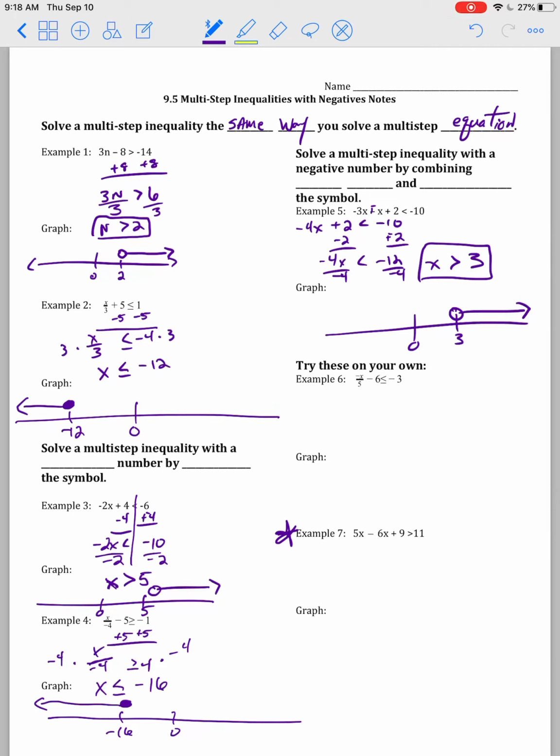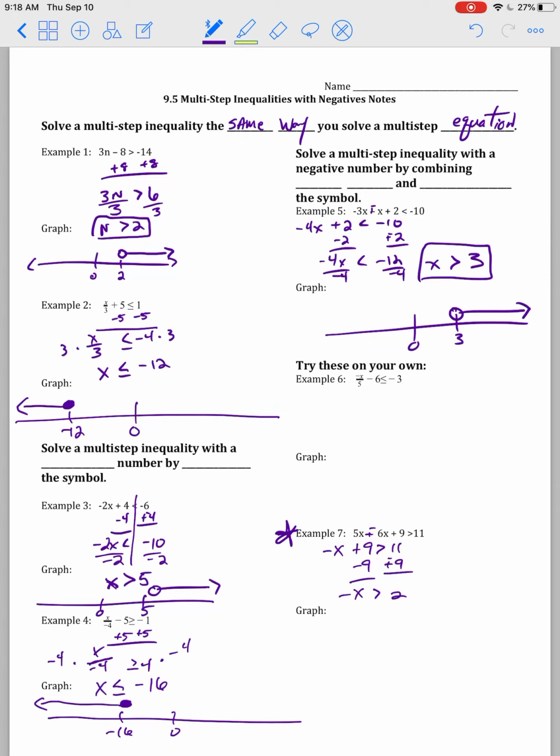Look here. We got like terms, 5x minus 6x, or plus a negative 6x. That would give you negative x plus 9 greater than 11. Now, you separate them. Minus 9, minus 9. 11 minus 9, or 11 plus a negative 9, is 2.